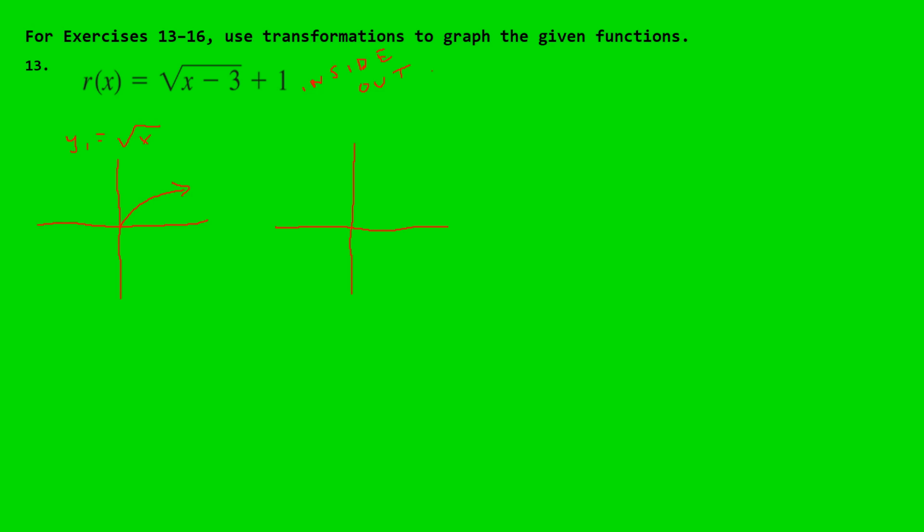So stage 2, y2 equals the square root of x minus 3. The replacement of x with x minus 3 means that we have a right shift 1, 2, 3 units to the right. Finally, we'll deal with the plus 1. So y3, which equals r of x, is add a 1 on there to what we had in stage 2.